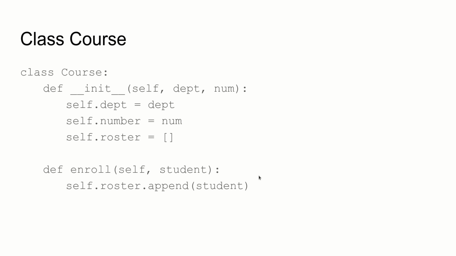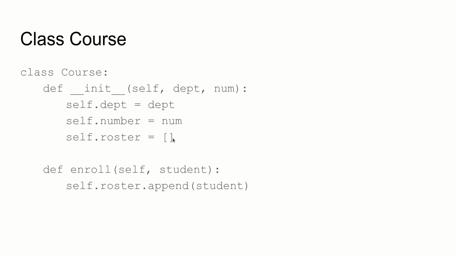And it will actually keep any updates that you do. So if I call enroll 20 different times to enroll 20 students in CS 128, it will append them, and those changes will persist. So I will end up with 20 students. It won't reset the roster each time.